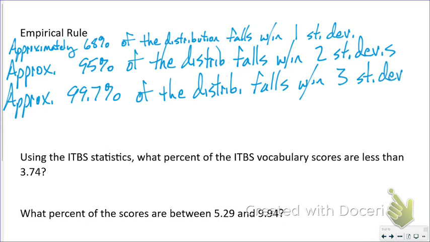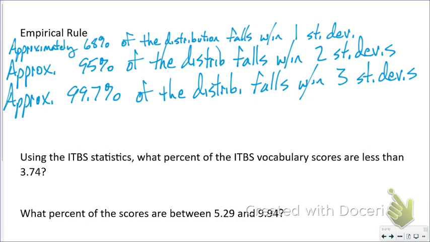Now, one thing to consider whenever we start looking at these questions you see down here is this bell curve is perfectly symmetric, but it's not necessarily proportional if you divide more than 1, 2, or 3 standard deviations.